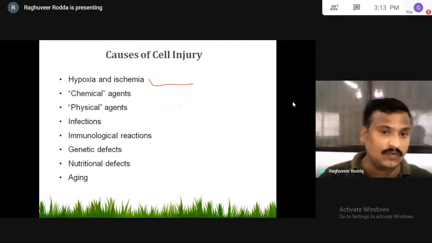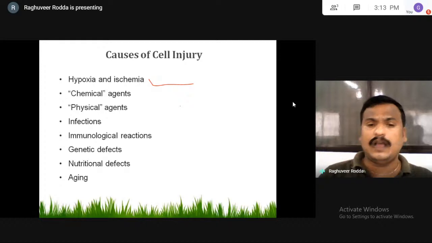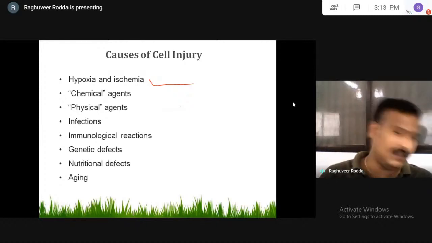Because you may know immunological reactions are very helpful, they are a type of defense mechanism, but the same immunological mechanisms, especially autoimmunity, are able to produce certain cellular injuries. Okay, when we go through the details, we'll discuss all of them.